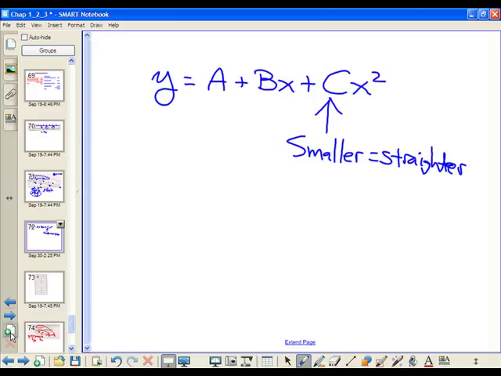Remember, when c goes to 0, you get a straight line. So when you have the two quadratics, which happens a lot just because of the material we use, you're looking for the one with the smaller value of c.